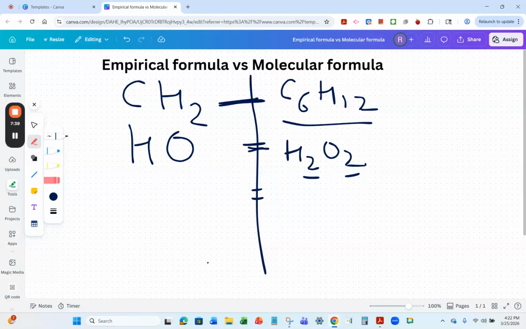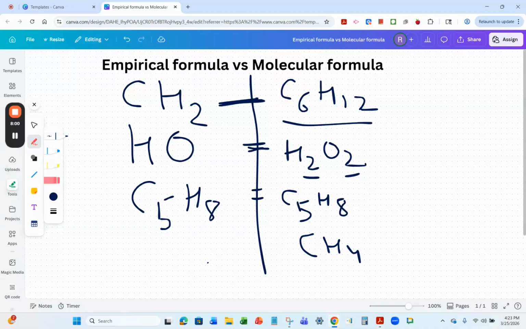Okay. So let's say you have C5H8. Can we simplify this ratio further? No, we cannot. So the empirical and molecular formula are the same. Okay, so let's take CH4, methane. Can we simplify this ratio further? No, we cannot.